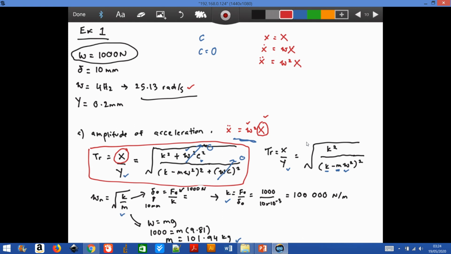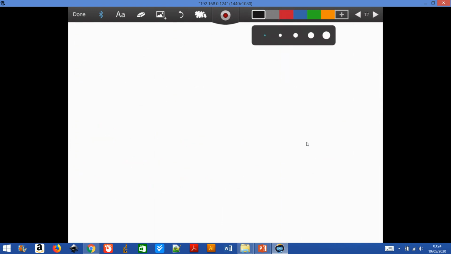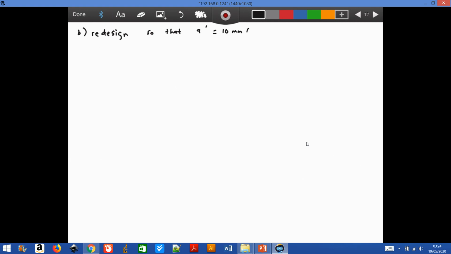So moving on, the second question asks us, how can we redesign so that the acceleration, which I put as A prime, is 10 millimeter per second squared.